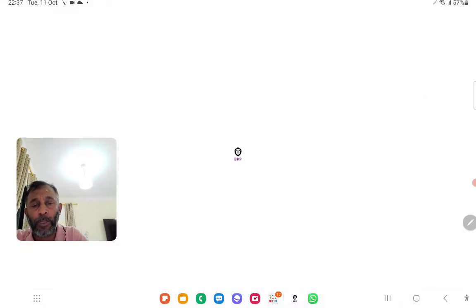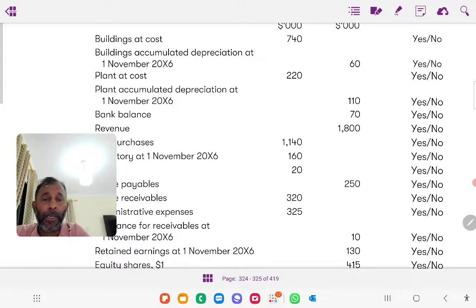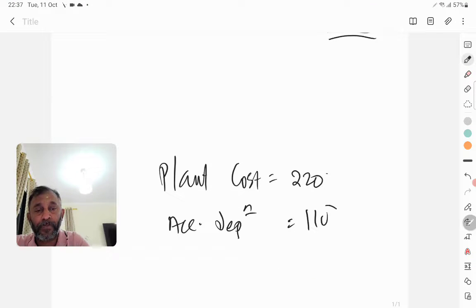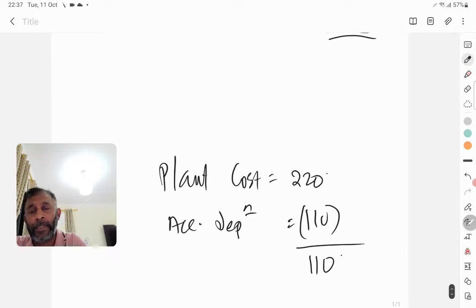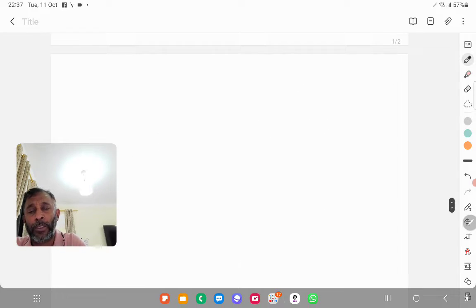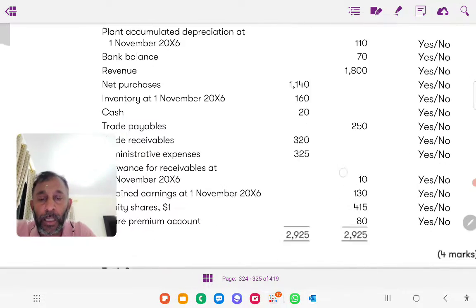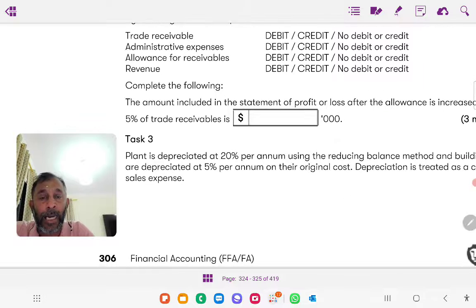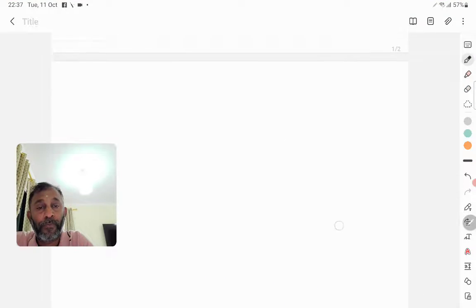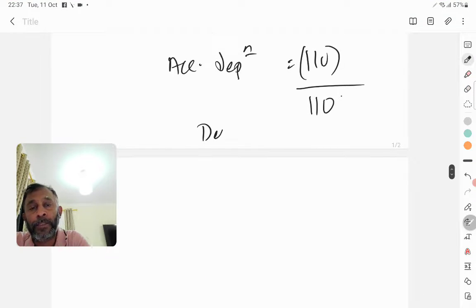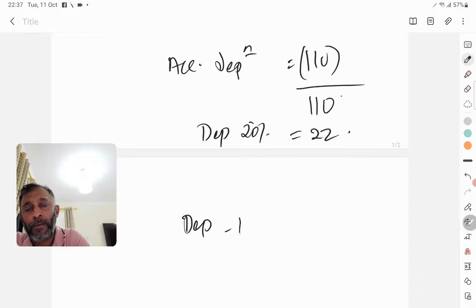That is how much? 110. So we have to work out the net book value, which is 110 again, and then the depreciation policy is reducing balance method. They say 20%, that is 22. So depreciation on plant is 22.